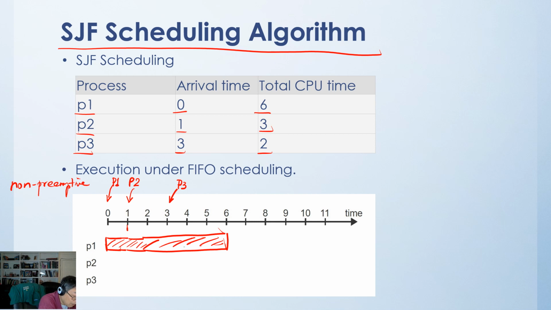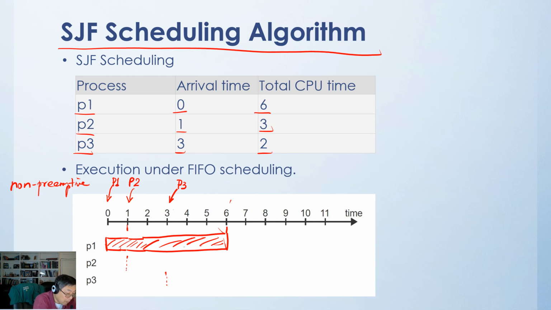So now, when P1 completes the job, how many processes are waiting for the CPU? P2 arrived at time 1, and P3 arrived at time 3, right?